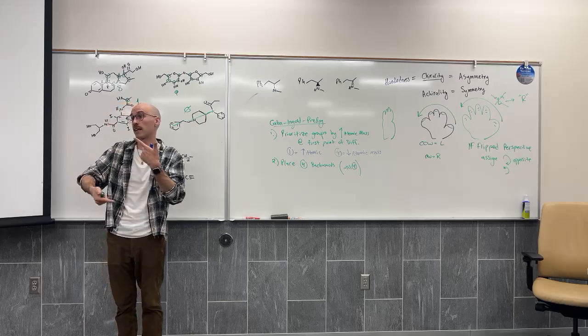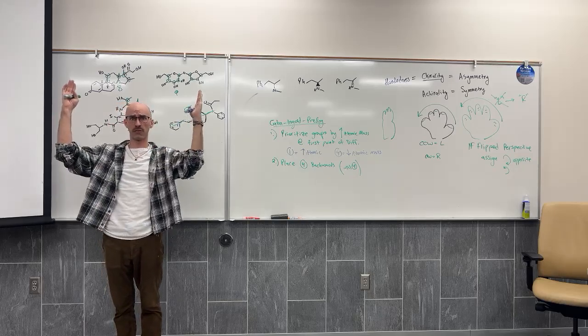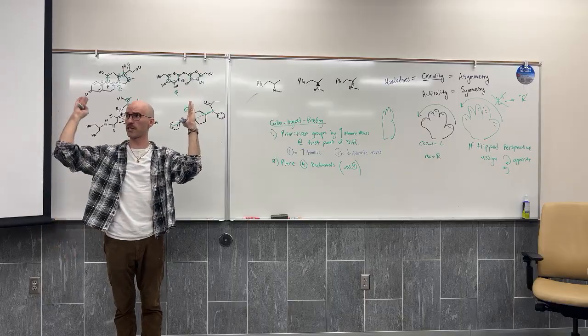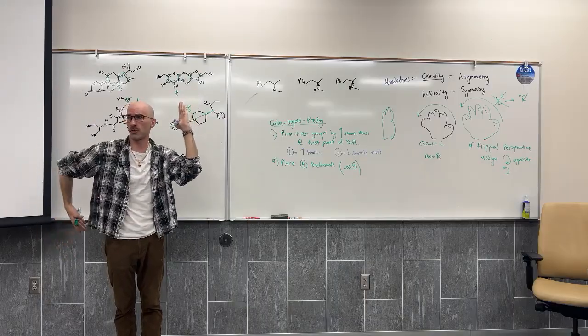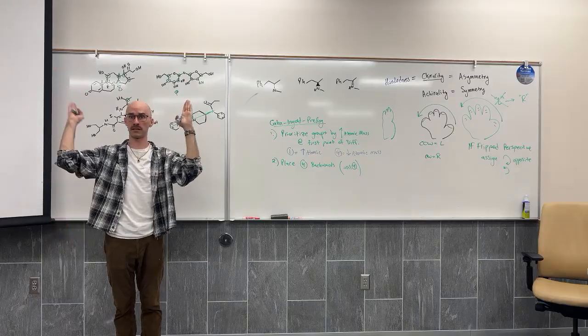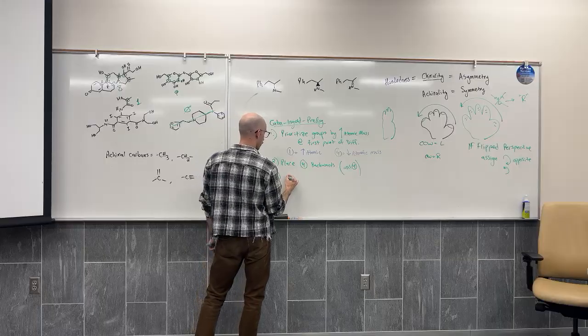Sometimes that means rotating through a conformation. You guys remember how we took from zigzag into zig-zig, and we saw groups that were wedged become groups that are dashed. Groups that are dashed become groups that are wedged. That's what this means. Orient, priority 4 backwards.